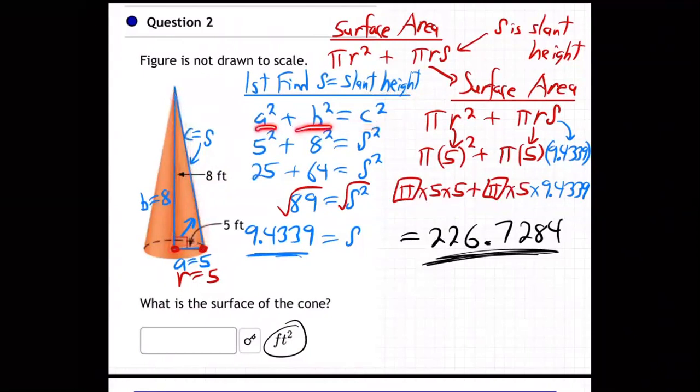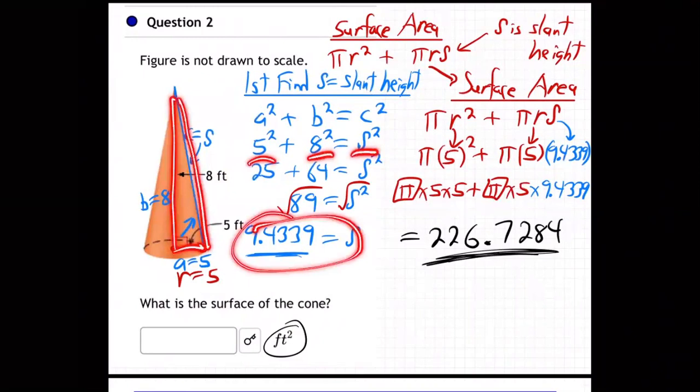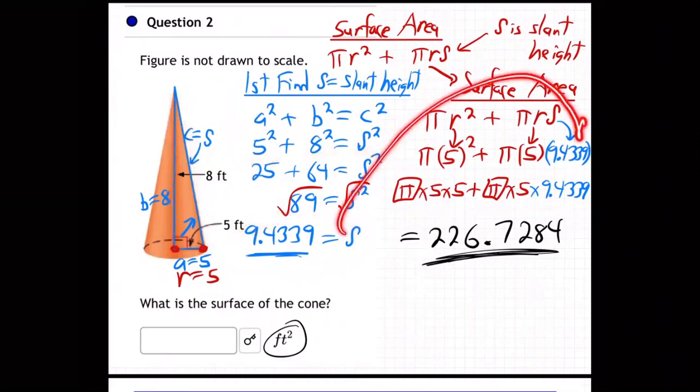You can always use a squared plus b squared equals c squared when you have a right triangle. So that's 5 squared plus 8 squared is s squared. So we solve for s there, and then I plug that s into the surface area formula and calculate the total surface area. There we go.